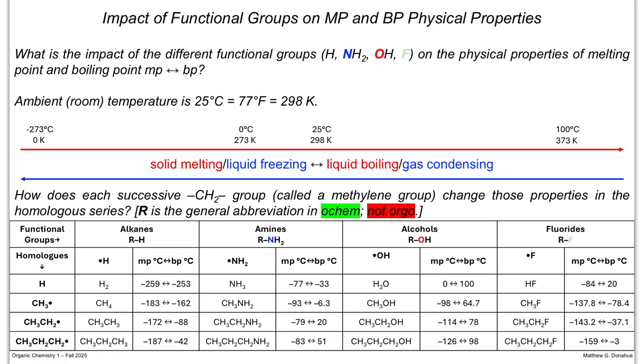We'll run through this slide pretty quick, but the take-home point is the bonding arrangements of those elements make functional groups that impact the physical properties. And we want to develop an understanding of why that is. On the temperature scale here, we have Celsius and Kelvin.